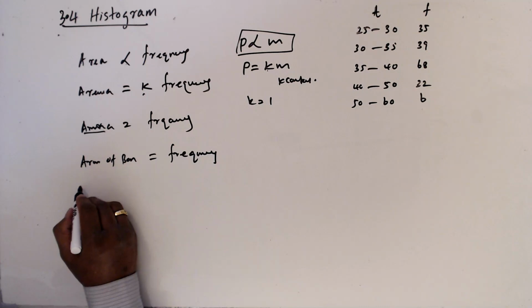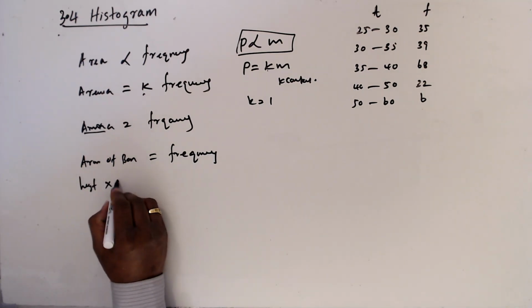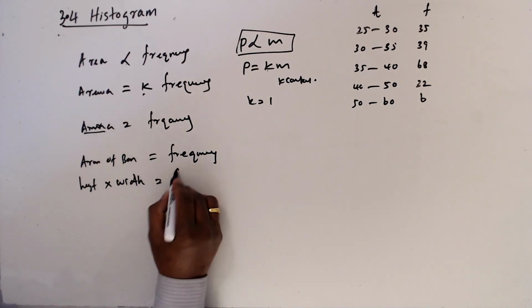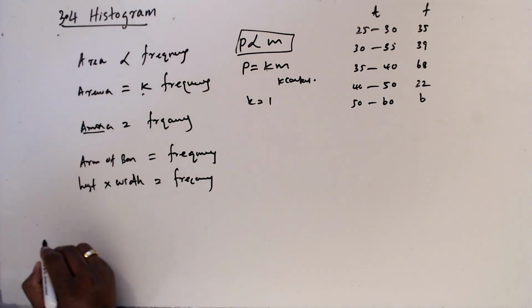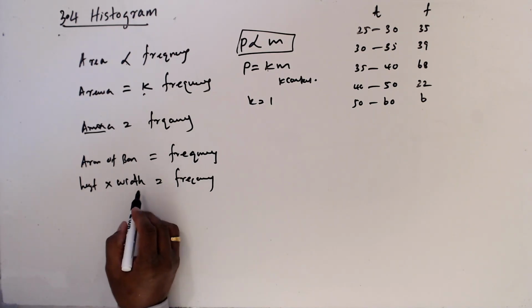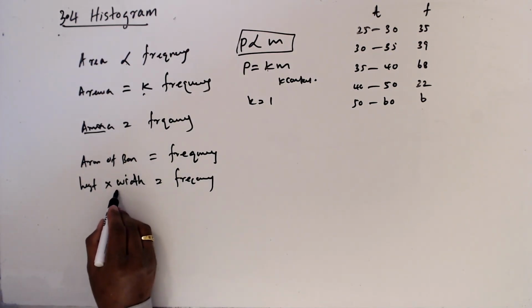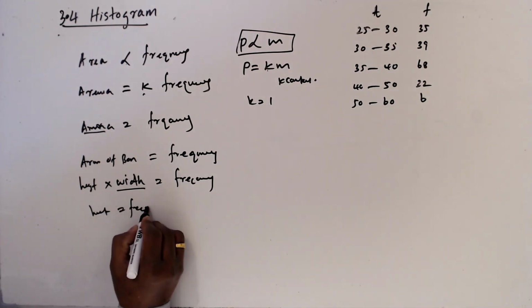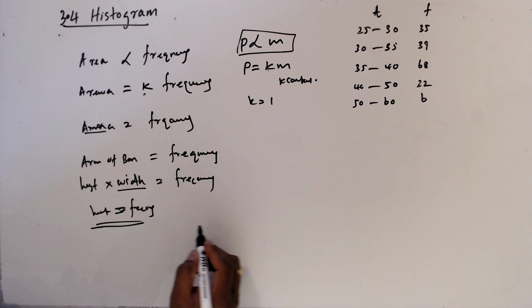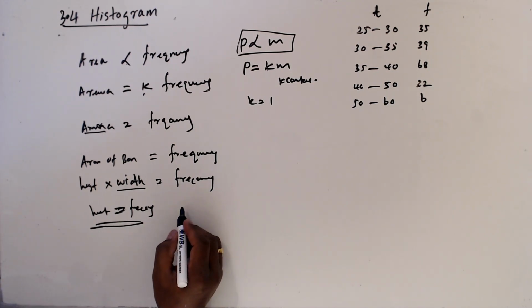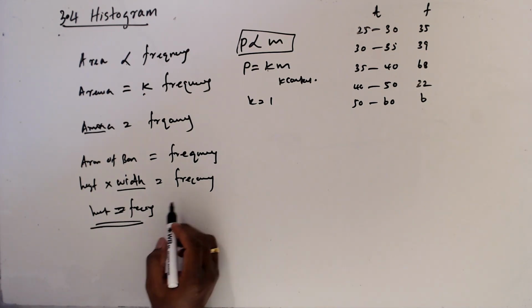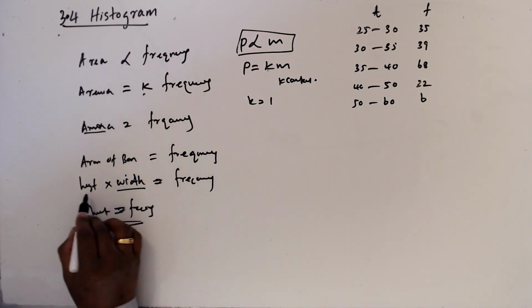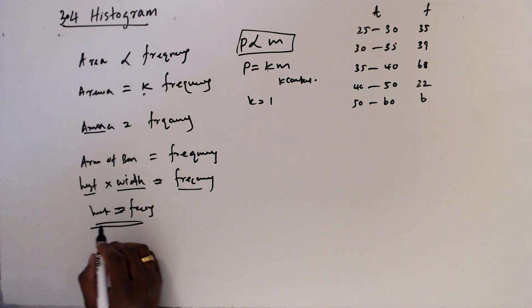Area of a box means height multiplied by width is frequency. Now, if the width is fixed, height equals frequency. That is how we did it in GCSE and before that in years 7 and 8, with small sums.